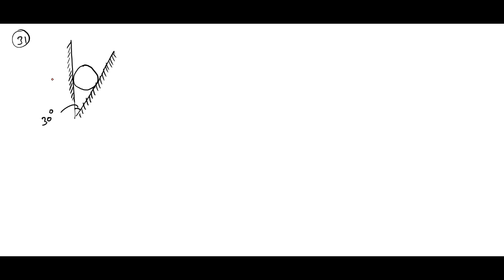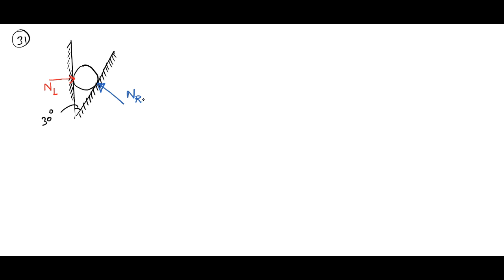One of the forces is this one, that's the normal reaction exerted by the left surface, so I'll say NL, L standing for left, and the normal reaction exerted by the right hand side plane is this one. It's normal, it's along the common normal to the sphere and the plane, that's NR.